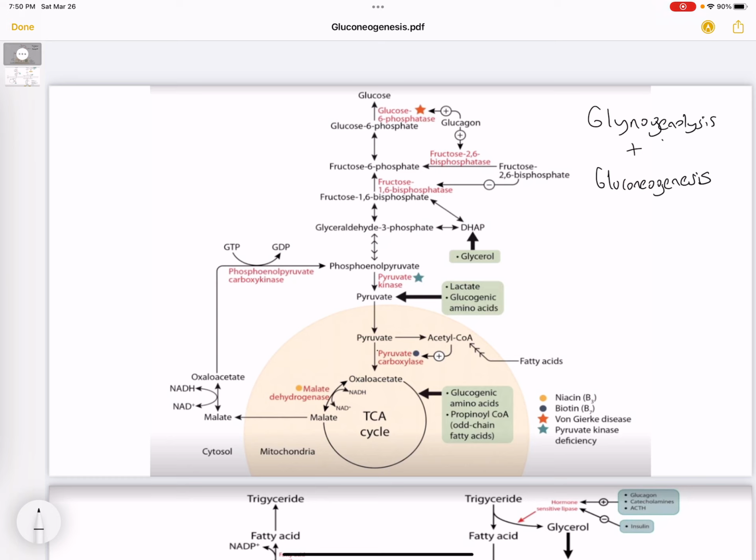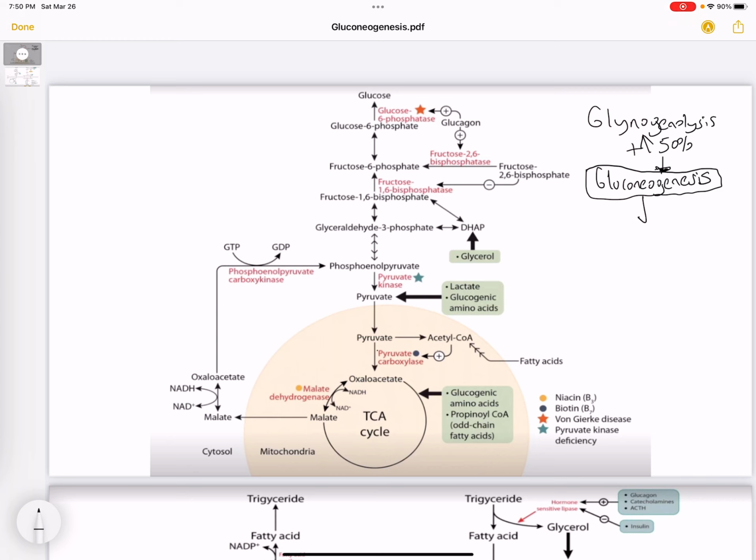So 50% of the energy that comes during our sleep is from glycogenolysis, and usually the other 50% is from gluconeogenesis. When our glycogen stores are depleted, gluconeogenesis is going to be the major metabolic pathway that provides our body with the energy that it needs.